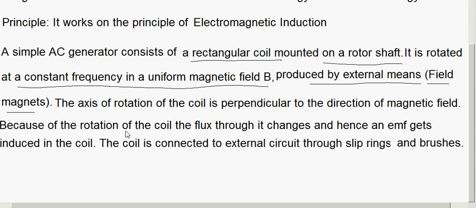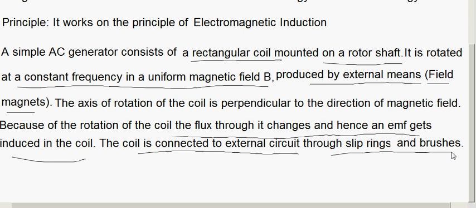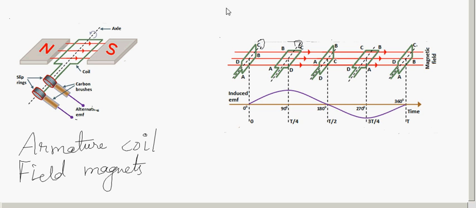Because of the rotation of the coil, the flux through it changes and hence an EMF gets induced in the coil. The coil is connected to an external circuit through slip rings and brushes. So very simple. Now I'll repeat, an AC generator consists of a rectangular coil which is also called armature coil. The coil is placed in a magnetic field. From where does this magnetic field come?